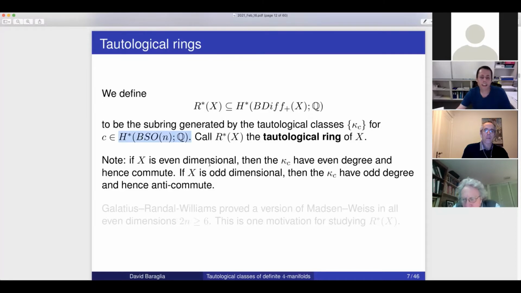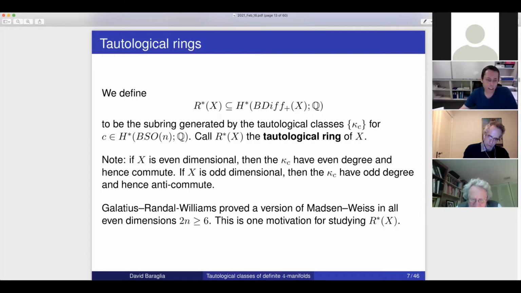And so if X is even dimensional, when you integrate, you get something even dimensional, and hence they all commute. But if X is odd dimensional, then the tautological classes are all going to be odd dimensional. So whether X has even or odd dimension is going to make a big difference. We're going to be interested in the even dimensional case, so our tautological classes are all commuting.